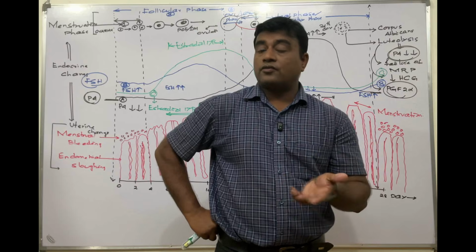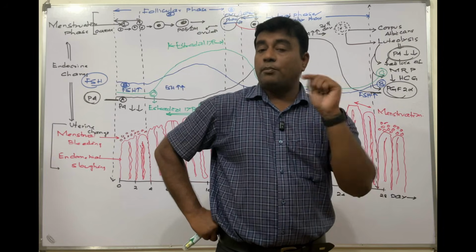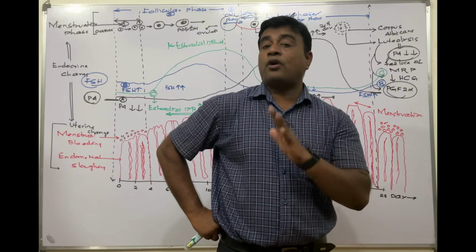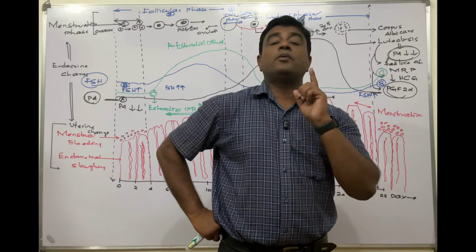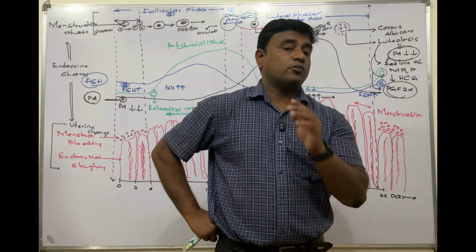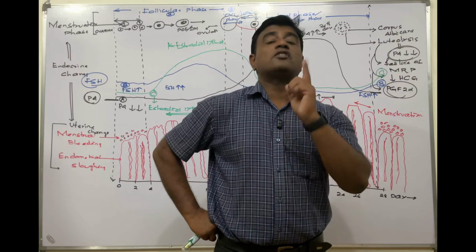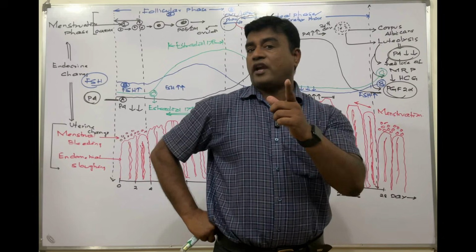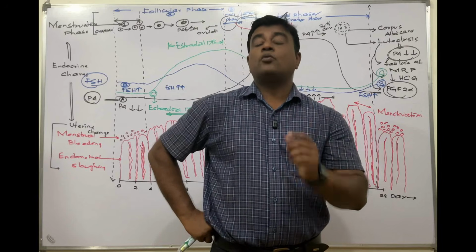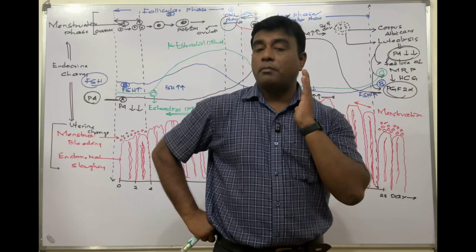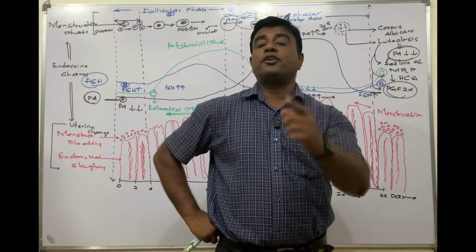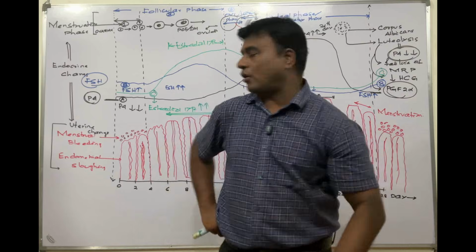But LH receptors, which were not earlier there in the mural granulosa cell, now start appearing. 200 to 400 LH receptors will be seen in those granulosa cells. And remember, those granulosa cells which develop the LH receptors will survive and will not undergo atresia. Those are the cells which will undergo dominance and form the dominant follicle, the mature Graafian follicle, the pre-ovulatory follicle, which is going to respond to the LH hormone.